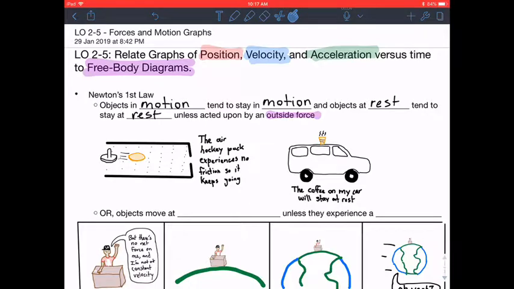Now, that's a decent way of thinking about it, and we can use it to understand some basic situations.